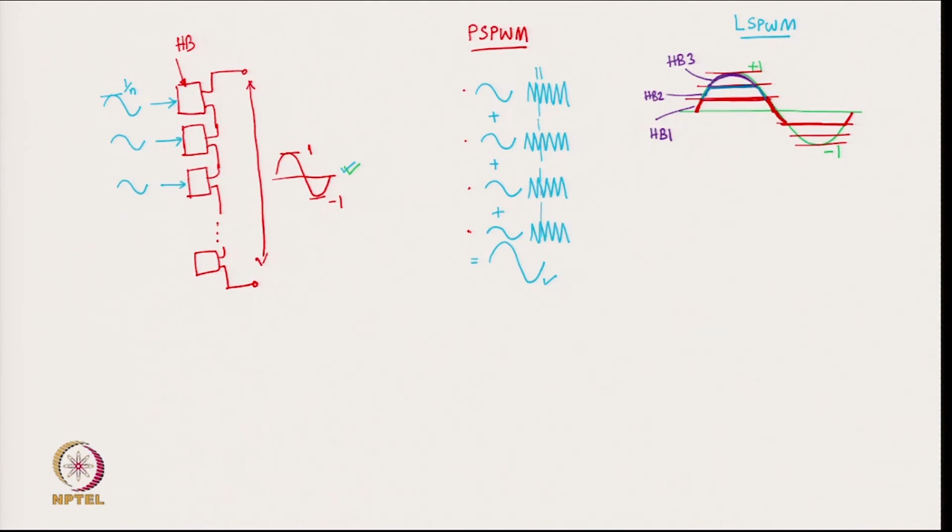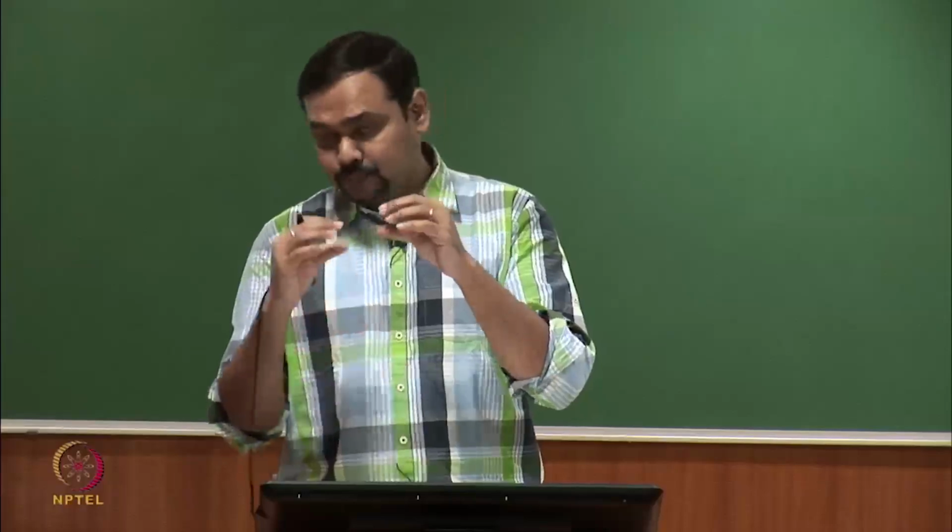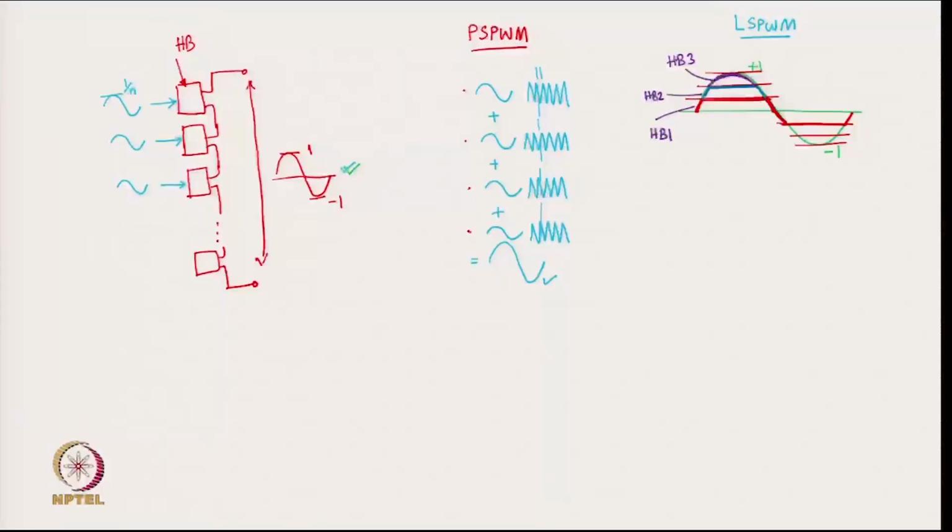Whereas, in case of level shift PWM, this is not the case. In level shift PWM, each H bridge is taking one part of the waveform. So, H bridge 1 is producing one part, H bridge 2 is producing one part, H bridge 3 and so on, producing some portions of the waveform, so that at the end the overall sine wave is produced.